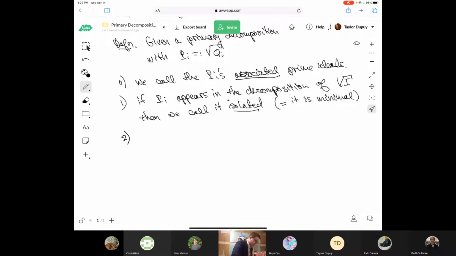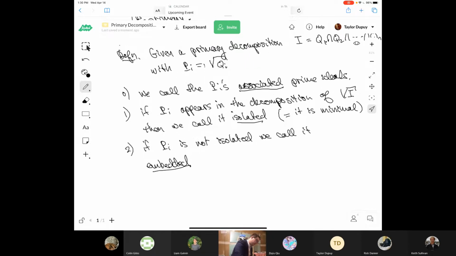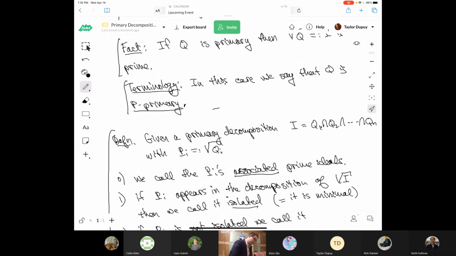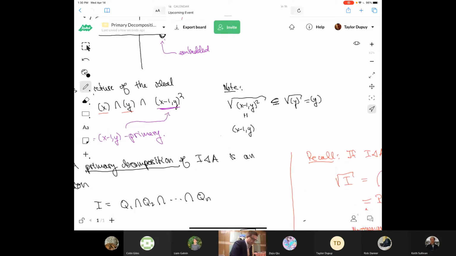If Pi is not minimal or isolated, we call it embedded. The reason we call it embedded is because of that picture that I showed you, where you have these things here, where the radical of this is one of these ideals that is contained in here.